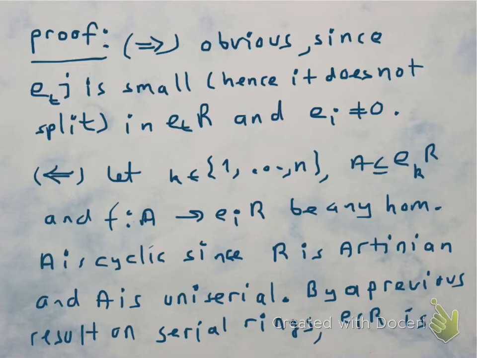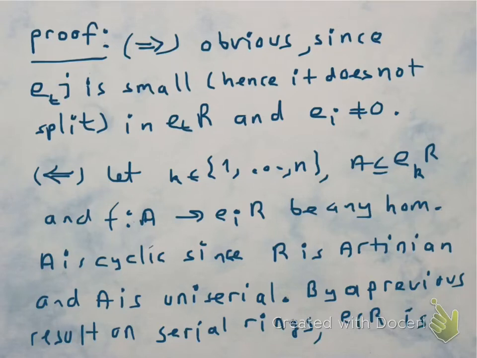For those of you who may not remember its definition, it basically says that for each cyclic submodule A in e_k R, and any map f such as this one, either f extends to a complete map between e_k R and e_i R, or f extends to an isomorphism between a submodule of e_k R containing A and e_i R. That's the definition of almost injectivity, namely e_i R being almost e_k R-injective.